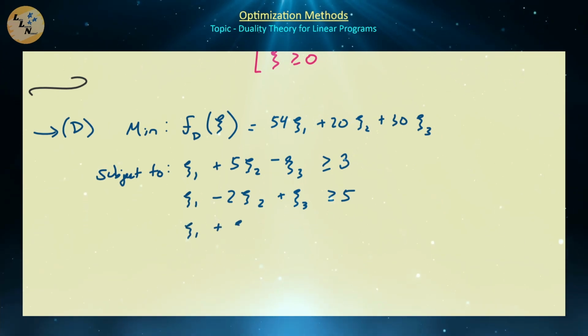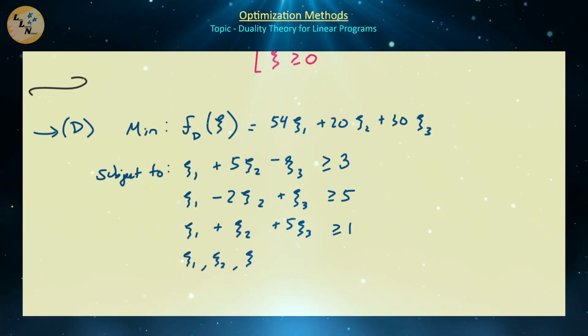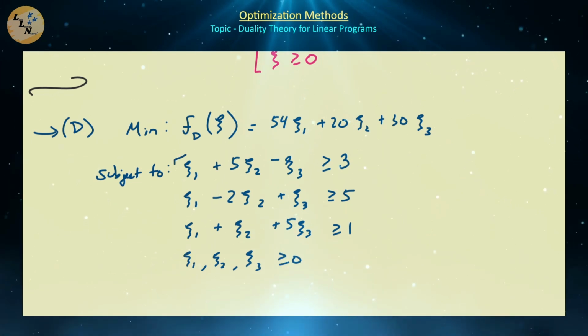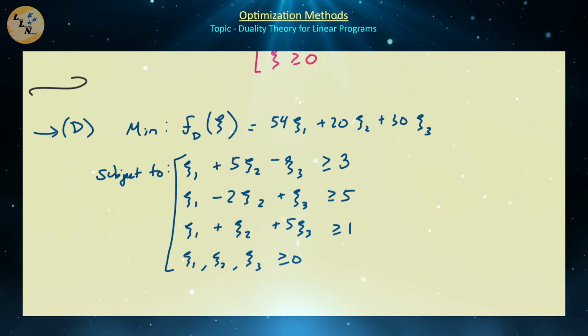Psi1 plus psi2 plus 5 psi3 is greater than or equal to 1, with psi1, psi2, and psi3 all being greater than or equal to 0. So given our original primal problem, this would be the equivalent dual problem for that. So our goal here is to minimize this. Now one can ask, well, what is the relationship between a primal and a dual problem? You'll see in just a moment.